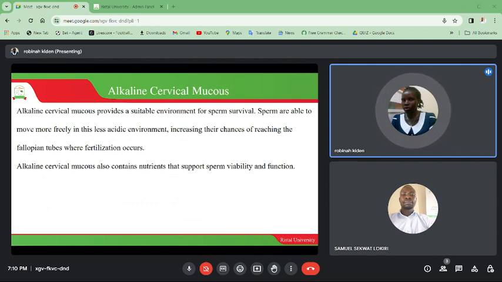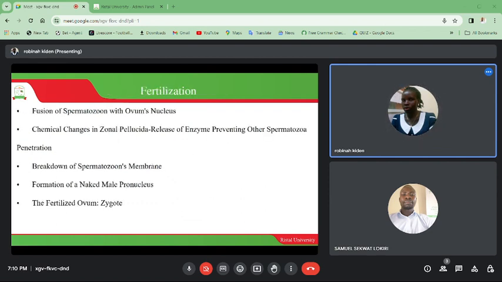The acidic environment is dangerous to the spermatozoa, and in case the environment is acidic, it can be one of the reasons that leads to infertility in some couples.